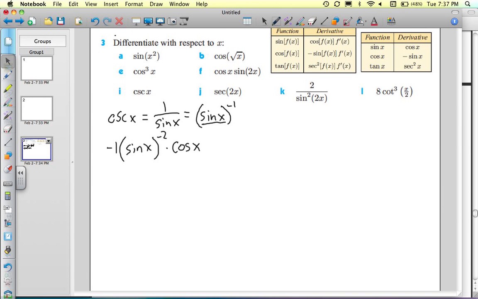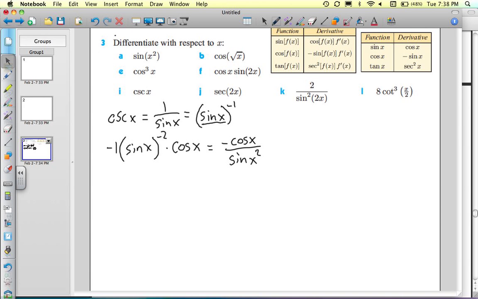If you check in the back of the book, that's not what they have for the answer, even though what they have and this are the same thing. I'm going to show you how the back of the book got its answer. If I simplify this, remember sine x raised to the negative 2 means we'd have cosine x divided by sine x to the second power, and of course it's negative.